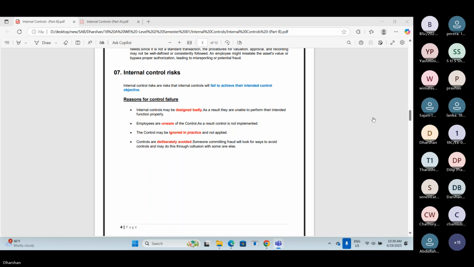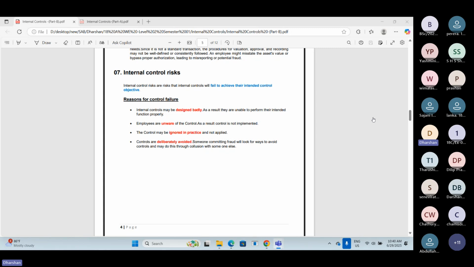Here, internal controls have failed to achieve their objective. The reasons are: first, internal controls are designed badly. Second, employees are unaware of the control. Third, the controls may be ignored in practice. These are simple, straightforward things. Fourth, controls are deliberately avoided.